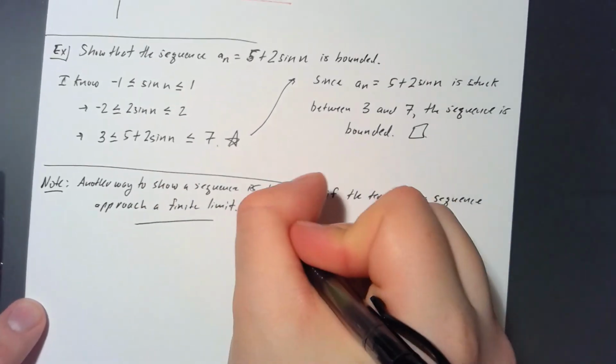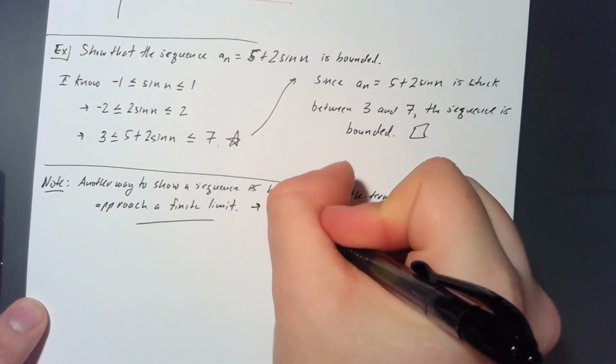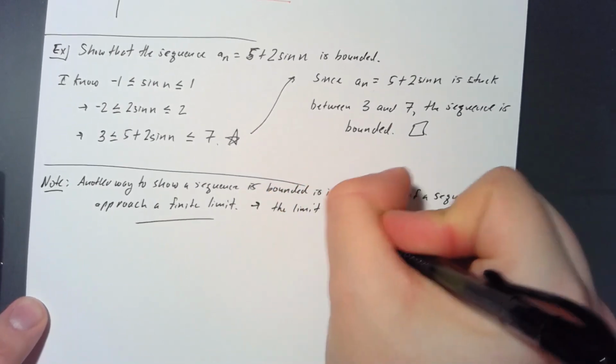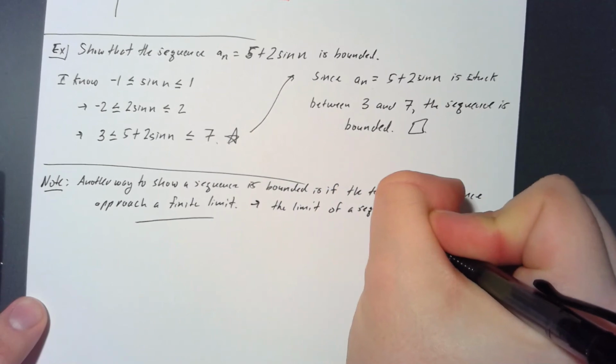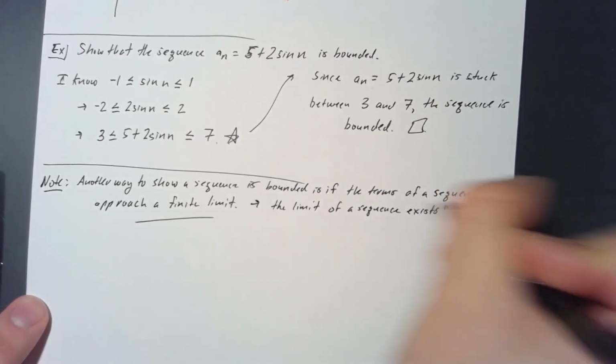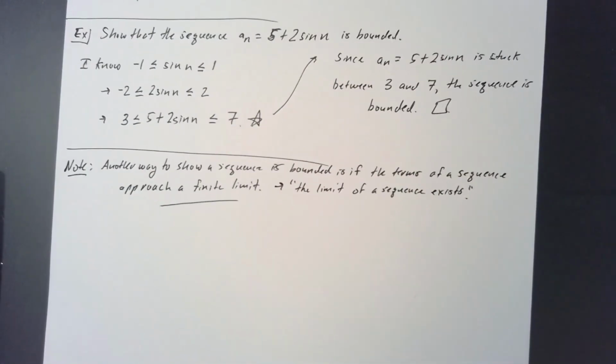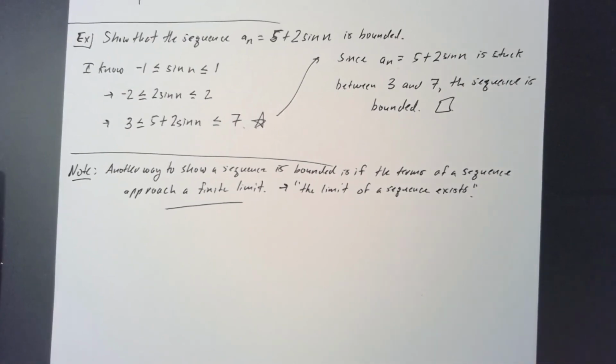That's basically the same thing as saying the limit of a sequence exists. If the limit exists, then we could say it's bounded. And that's easy.